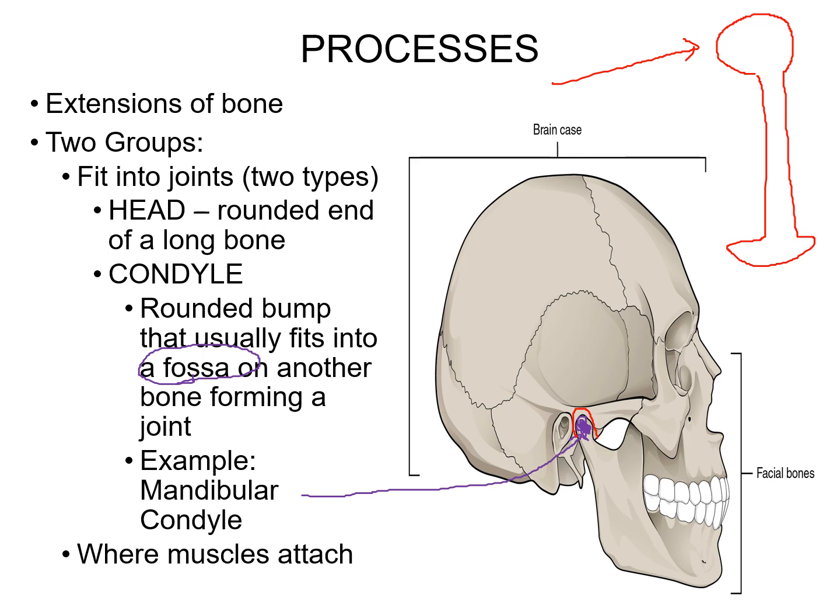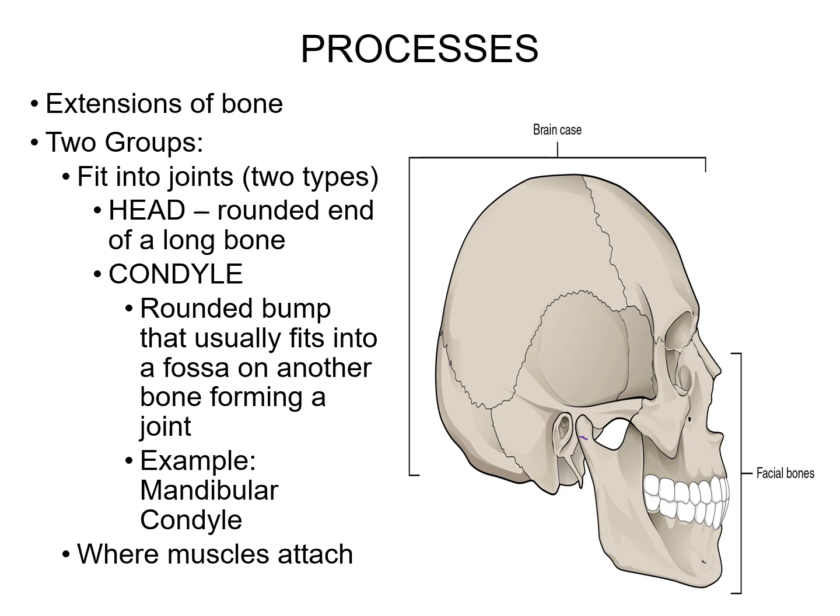Now we're going to talk about a whole lot of other processes as this lecture goes on. And typically speaking, wherever there's a process, we're going to have muscle attachment, and specifically tendon attachment, because remember that muscles actually attach to tendons, which attach to bones. It's very rare that muscles attach to the bone itself.